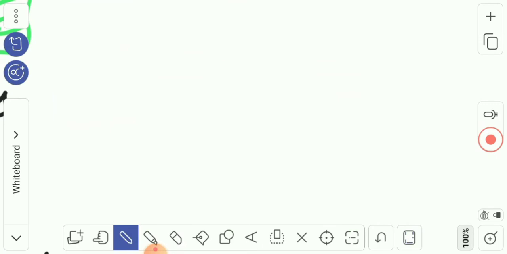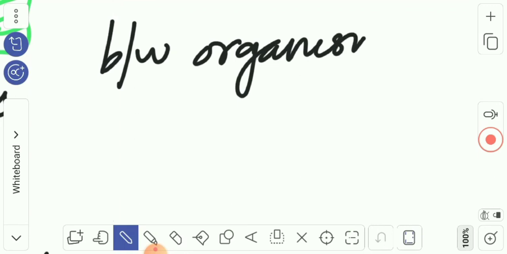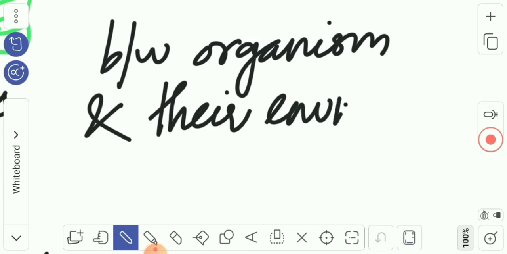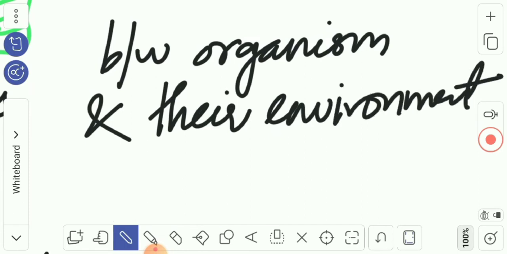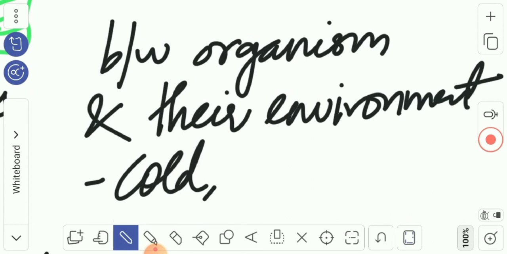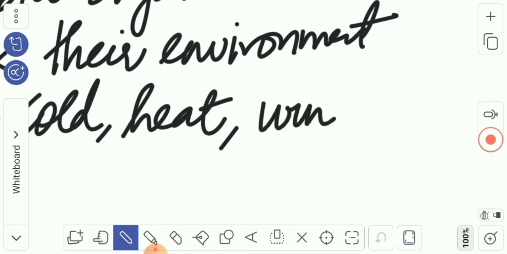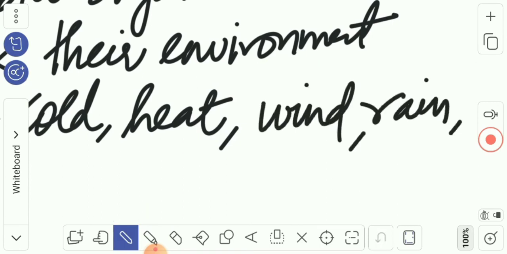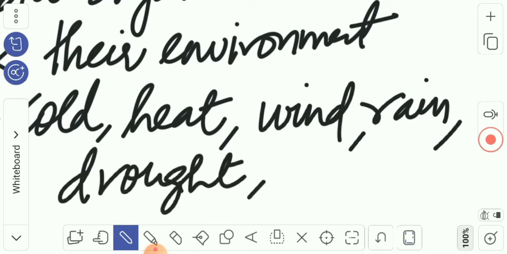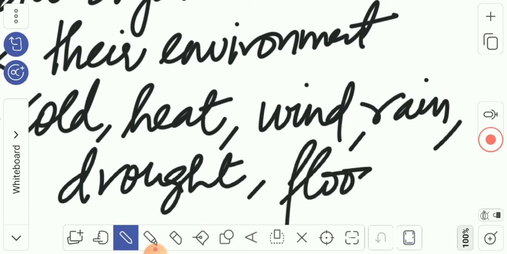Okay, and in environmental struggle, it is between the organism and their environment. So for example, cold, when it's too cold for the organism to survive, or heat, when the temperature is high. Same way, wind, rain, drought, flood, etc.